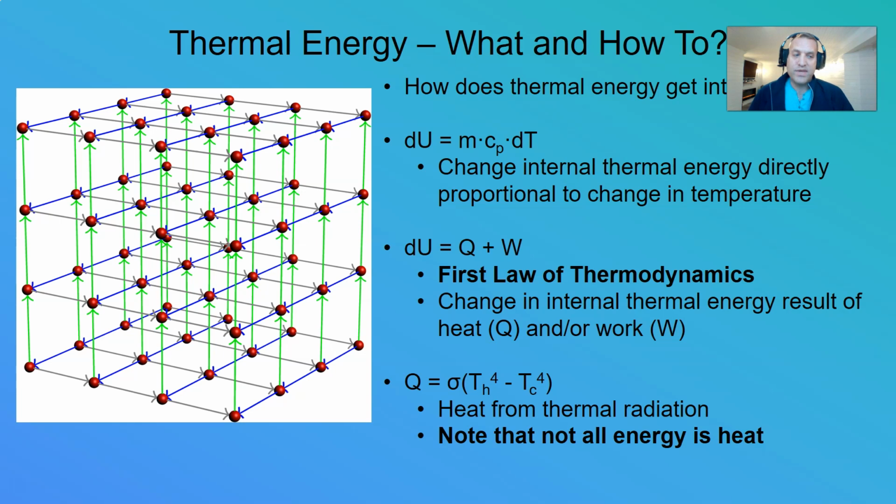They're not all the same thing at all. Heat is energy, but not all energy is heat, and that's what this equation shows. These two terms are energy, but heat is only the difference between two energies. So that's very, very important to recognize.